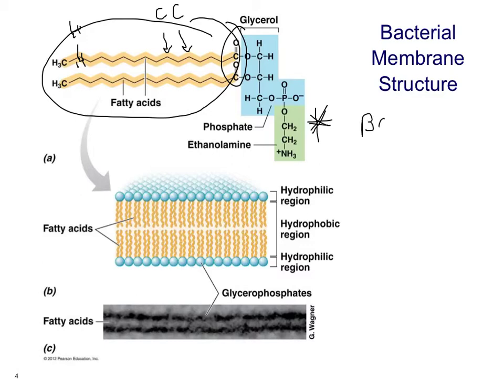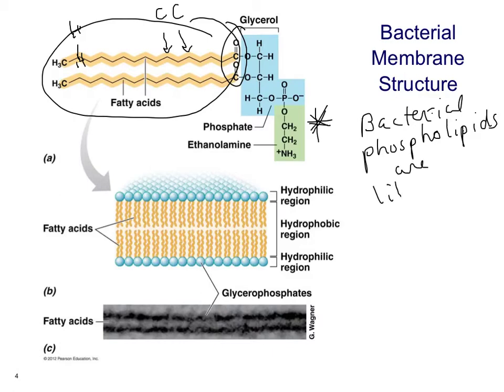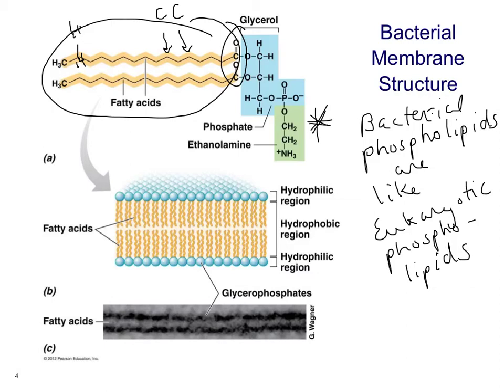So bacterial phospholipids are like eukaryotic phospholipids. And they're going to organize themselves in the characteristic lipid bilayer that you see in the B part of the figure here.